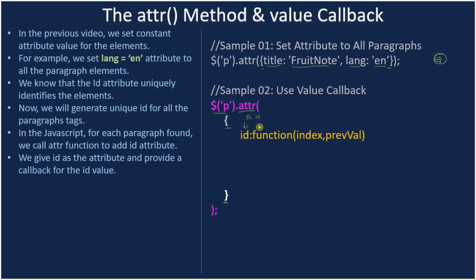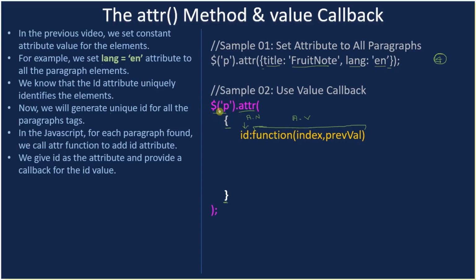And if you look here, after the colon, for the attribute value, instead of providing a static value, here we are giving a function. Attribute name is ID. Value is not defined here.